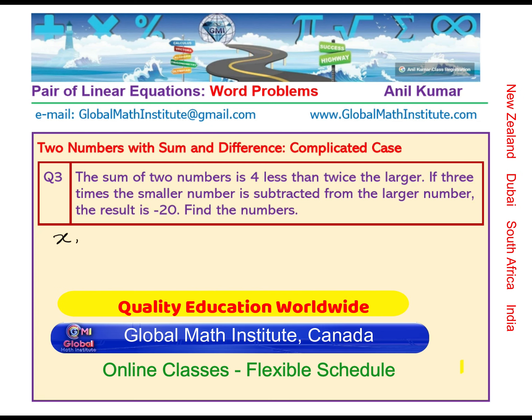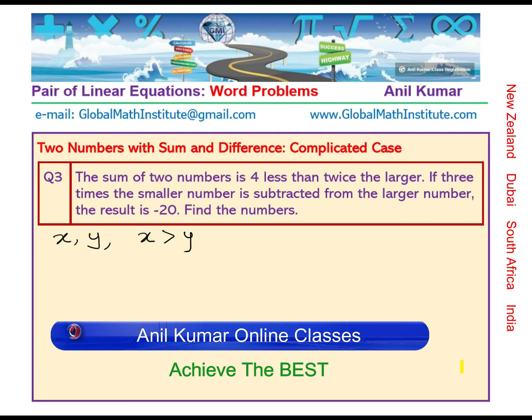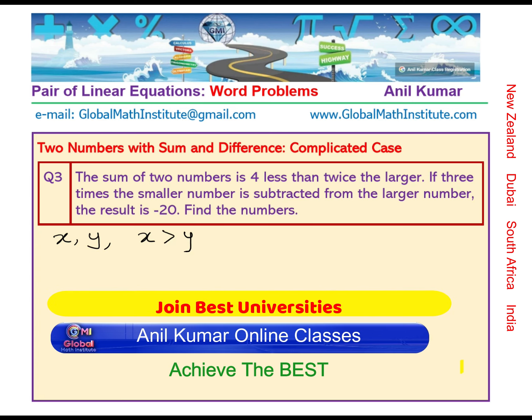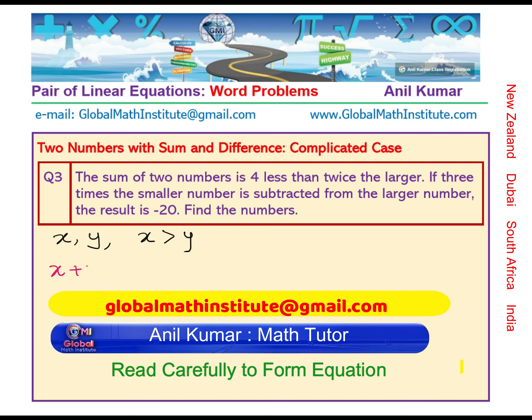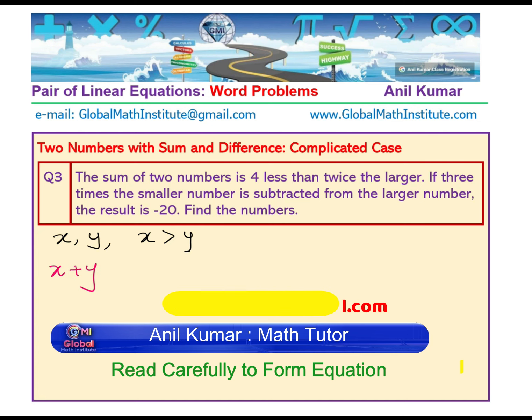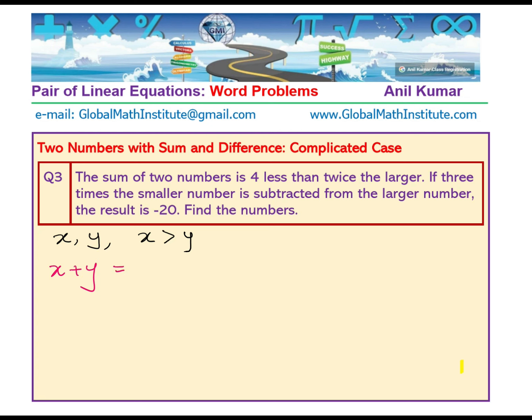Two numbers. So once again, I'll write down the equation, but use any of the methods, elimination or substitution, to solve this. Sum of two numbers. So let's write x and y are two numbers where x is larger than y. Sum of two numbers is 4 less than twice the larger. So the sum of two numbers means x plus y, correct? Sum of two numbers is 4 less than; 'is' means equal to. 4 less than, 4 will come after twice the larger. So the larger number is x, right? You get the equation.